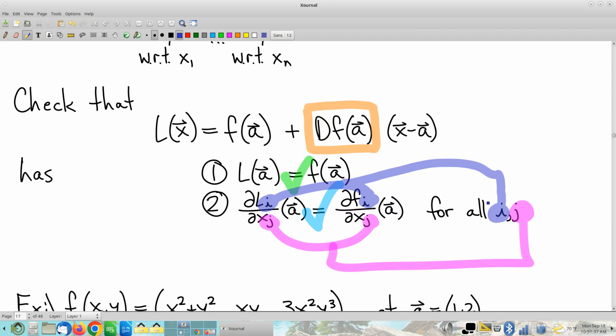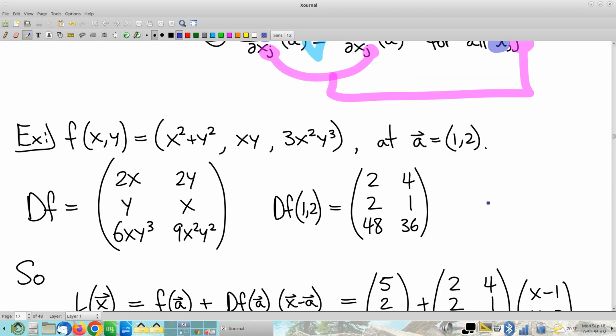There would be 6 partials to check in that case. And frankly, after you do a couple of them, you'll notice the pattern and see that it clearly works. Does everybody see what I want you to do there? All right.